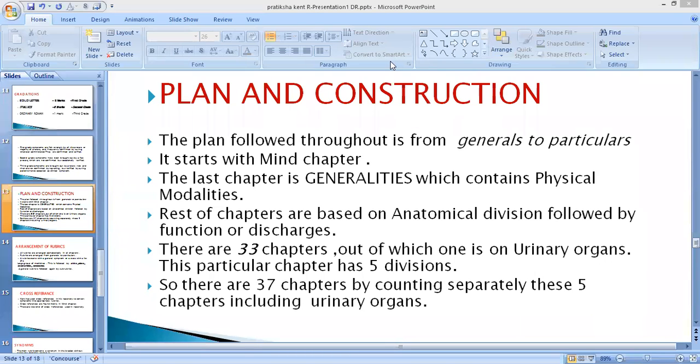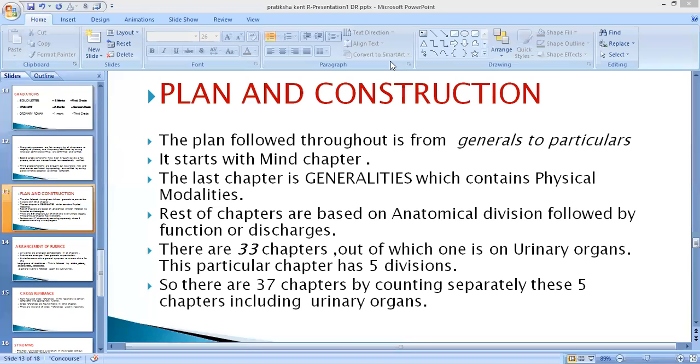In section mind, most of the rubrics related to mind were covered by Dr. Kent, and in the generalities section we find most of the physical modalities related to the whole person, and the rest of the chapters are based on anatomical division.